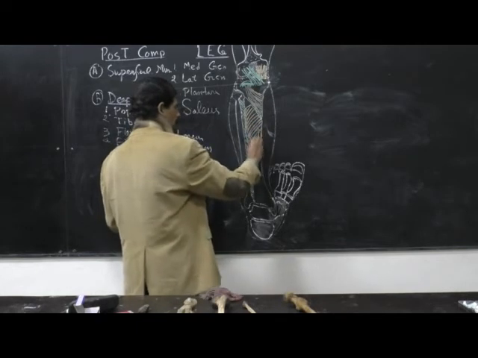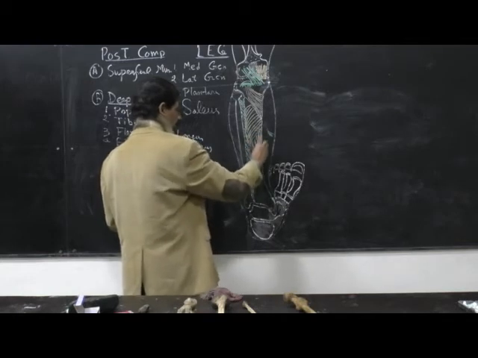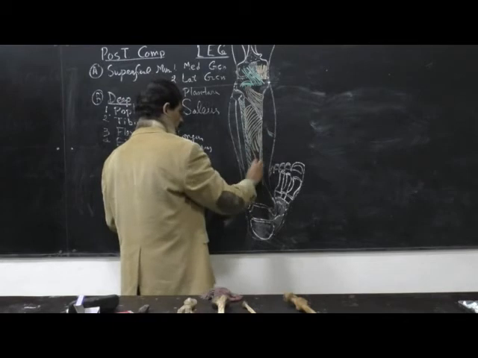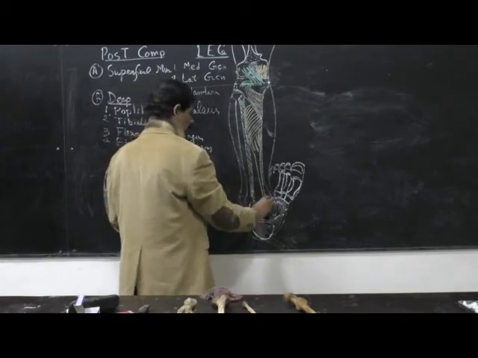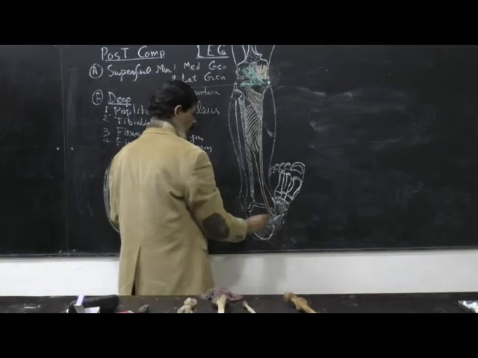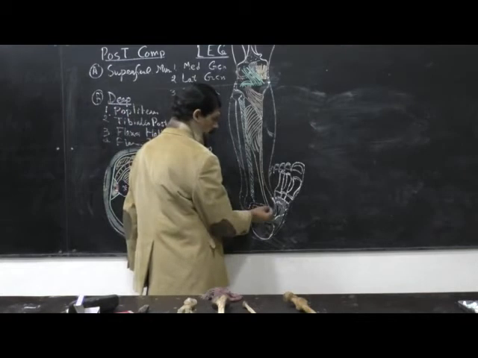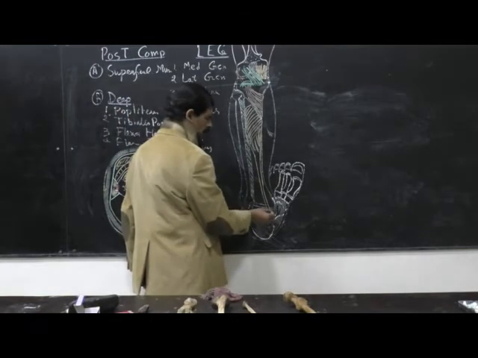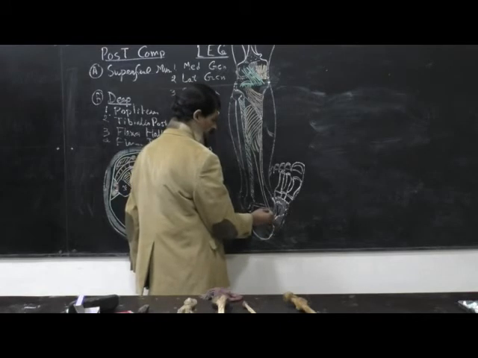And after that, the tibialis posterior tendon passes downward behind the medial malleolus, and then, while passing behind the medial malleolus, it enters into the sole of the foot.